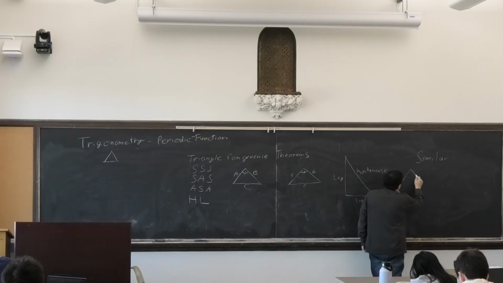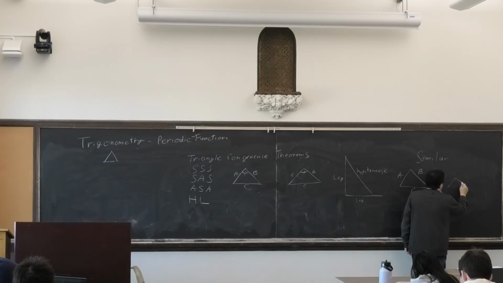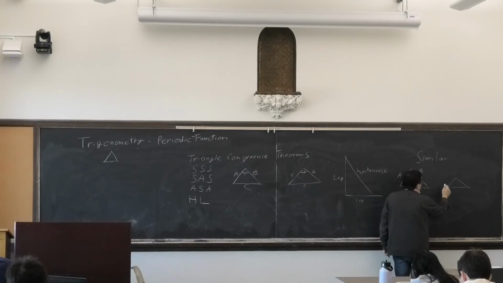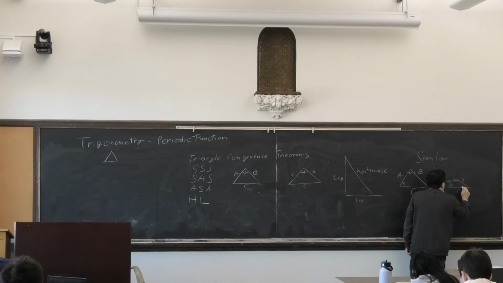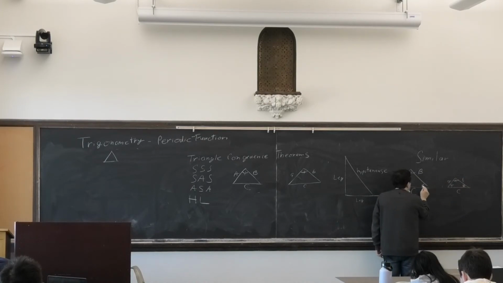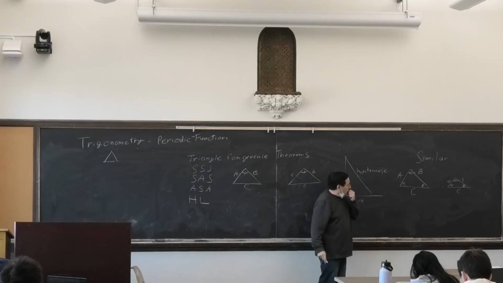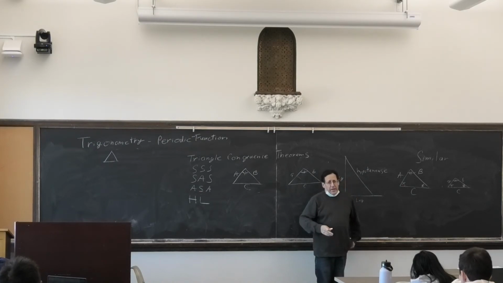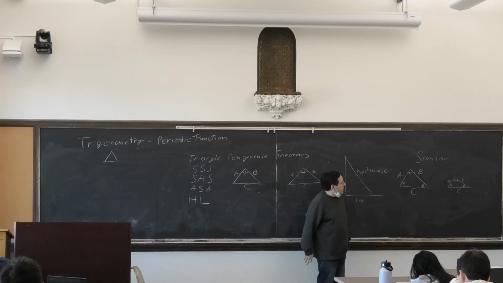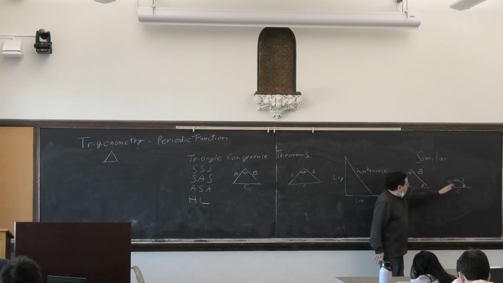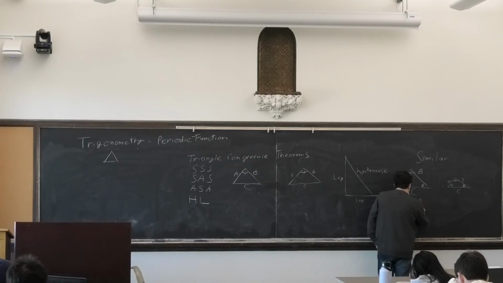So if I have one triangle, and we call it A, B, C, and possibly smaller, larger, or the same size, a, b, and c, and we know that they share the same angle measures, we call these similar, they're the same shape. And there's some important results from that, specifically that the ratios of the sides are equal. So, for example, A over a will equal B over b equals C over c.